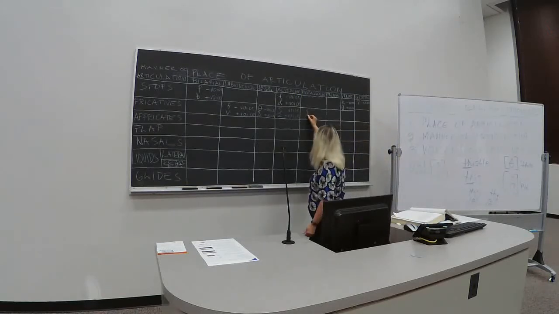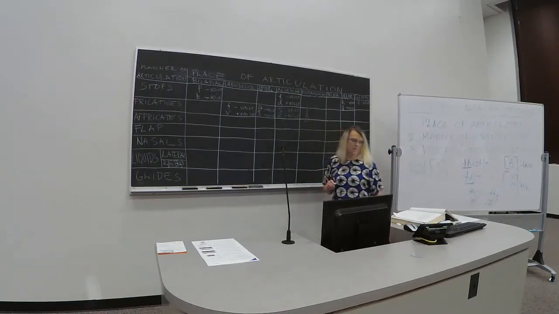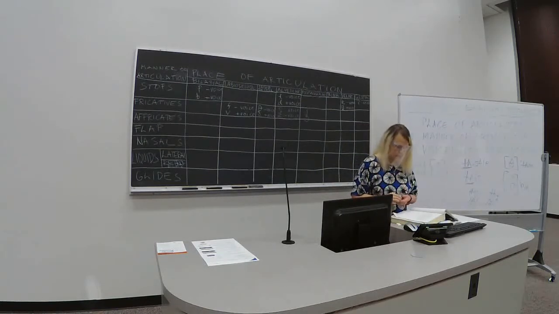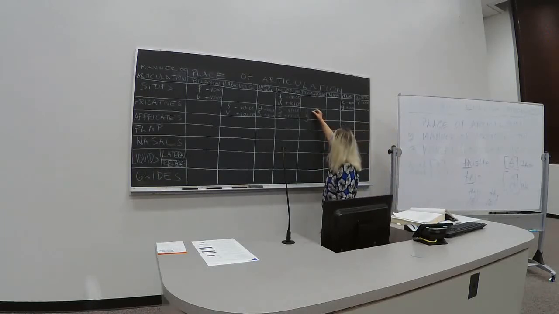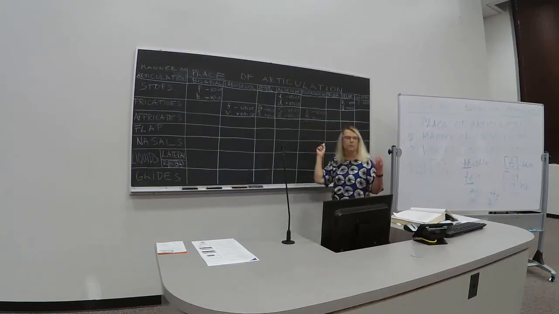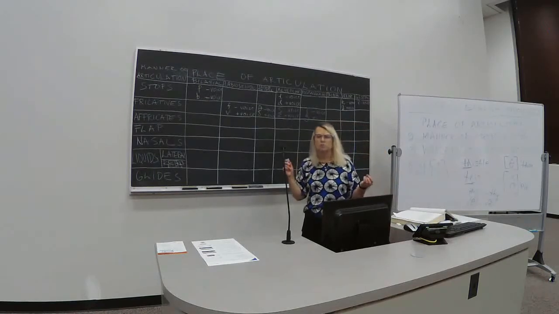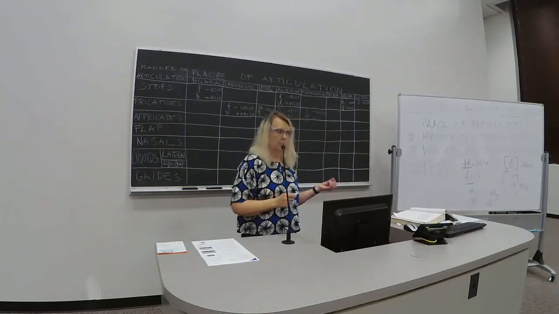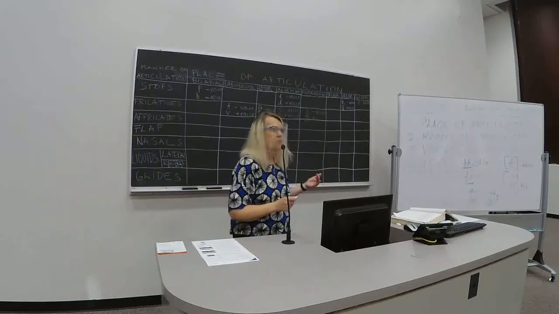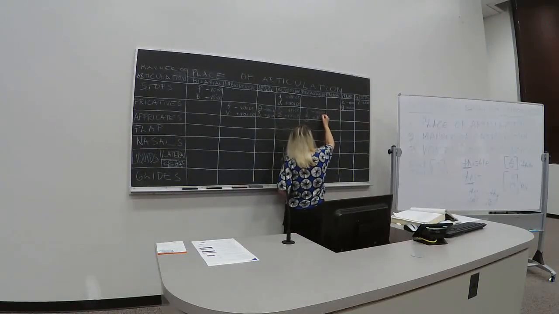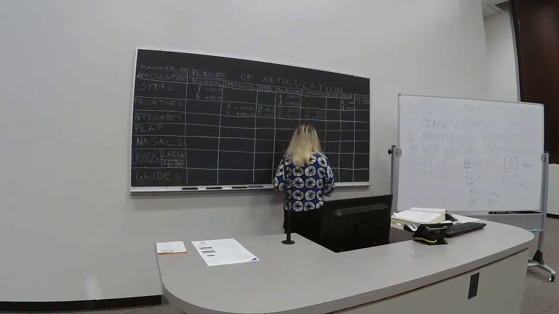And then we have the other one, which is exactly the same, but the voicing is the difference. So that sh, like in shoe, is minus voice. And this sound, we often find it in medial positions in words like measure and pleasure. Same place of articulation, also a fricative, but plus voice.